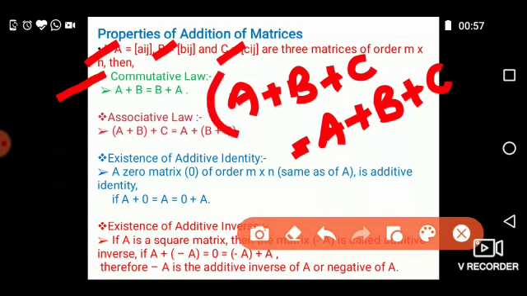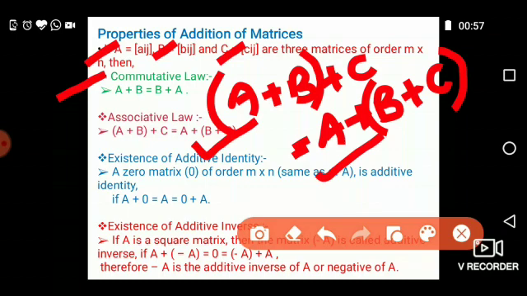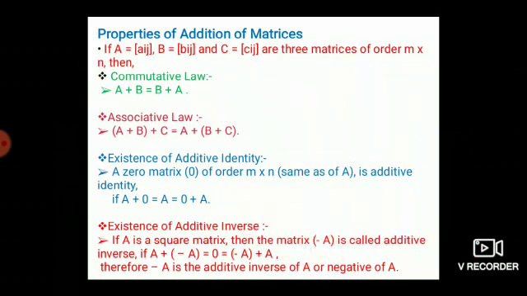On the left hand side we group the first two, and on the right hand side we group the last two. Both sides give the same matrix. Such a law is called an associative law. Meaning, by regrouping the matrices, we get the same matrix.